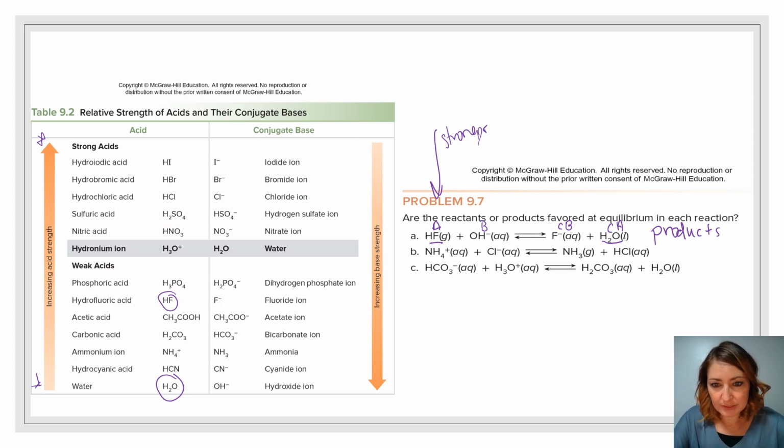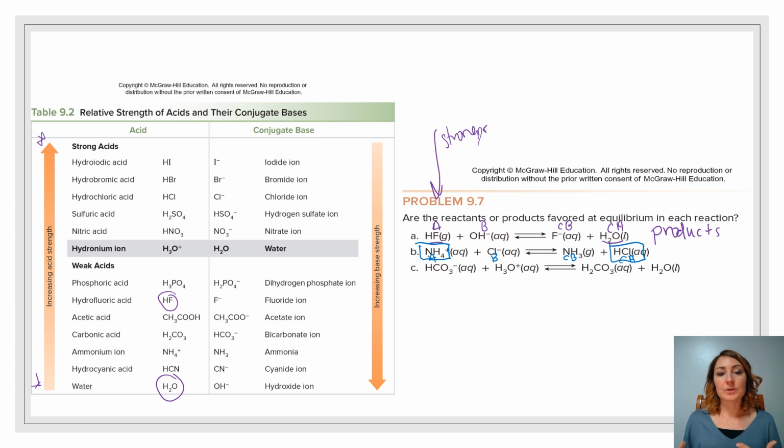Okay, so let's look at how things change. This must be my base and this must be my acid because my ammonium ion loses a proton to form the conjugate base, and the chloride ion gains a proton, so it's a base, to form my conjugate acid, hydrochloric acid. So again, we are just honing in on the two acids.